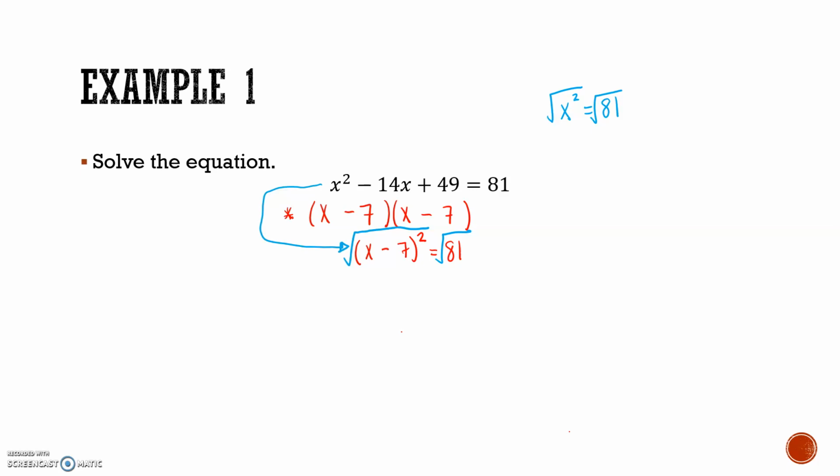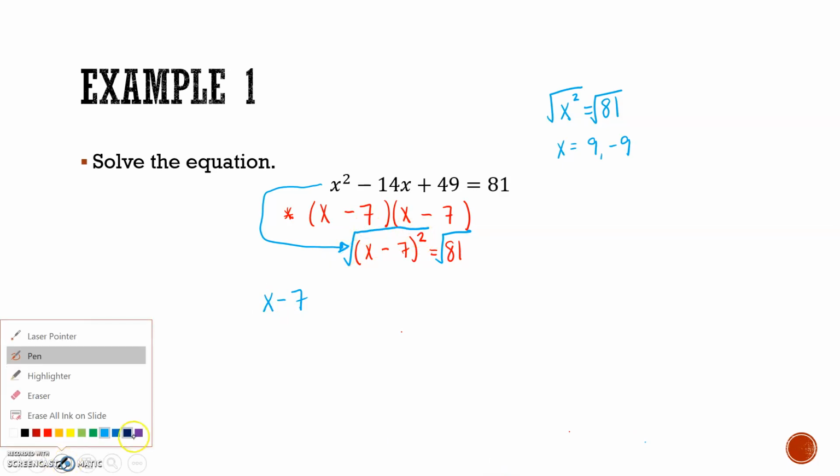So now, when I take the square root, I'm going to get two answers. What two answers do I get when I take the square root of 81? I get 9, but I also get negative 9. So I'm going to write this twice. I'm going to write x minus 7, because a square root and a square cancel each other out.